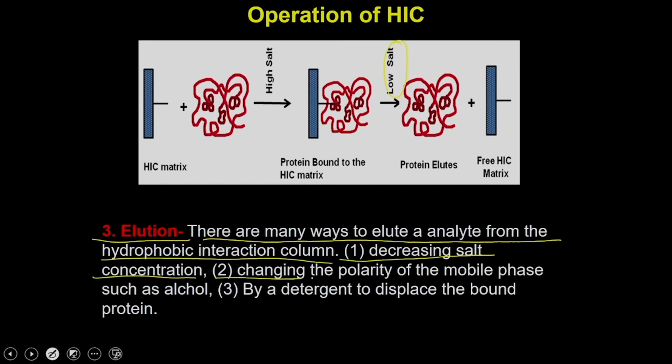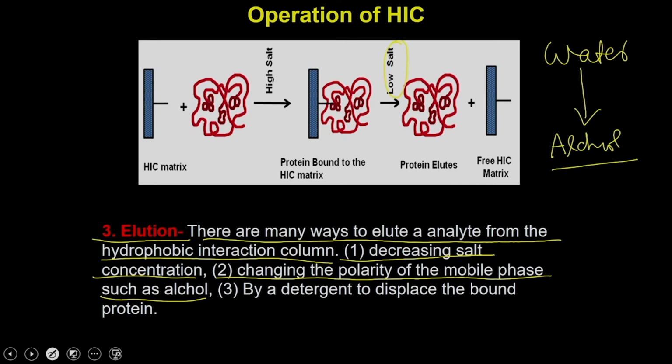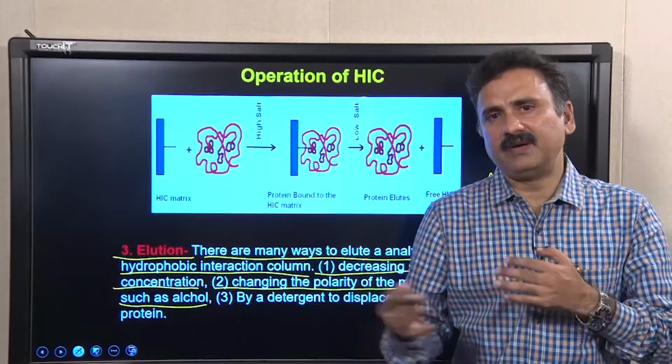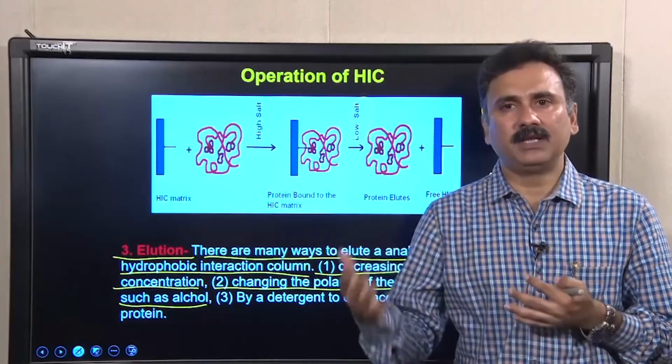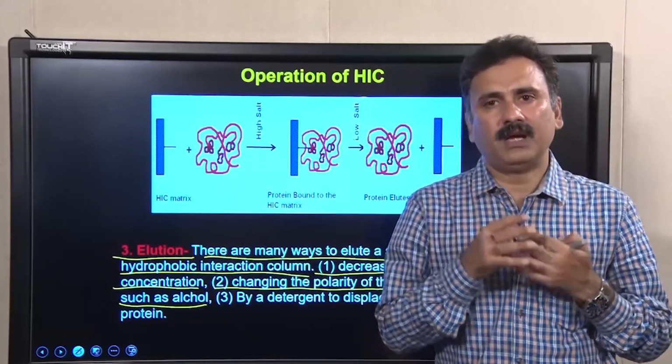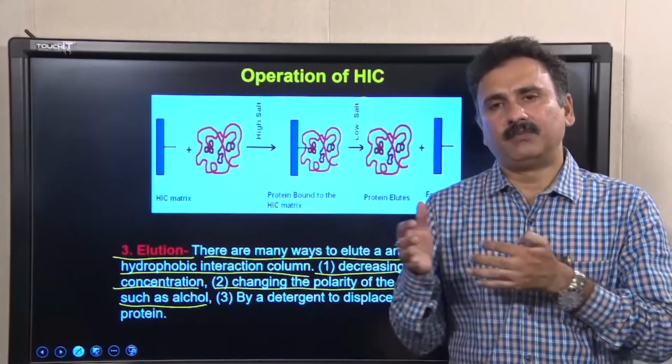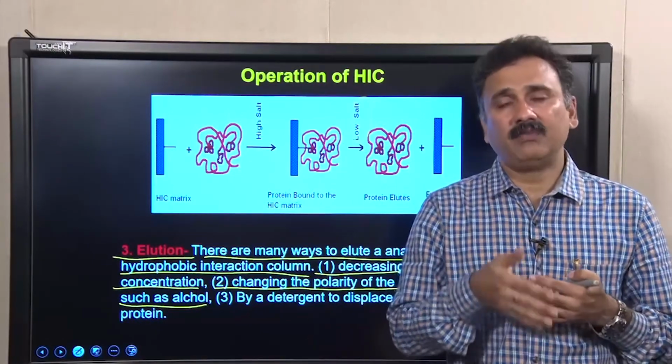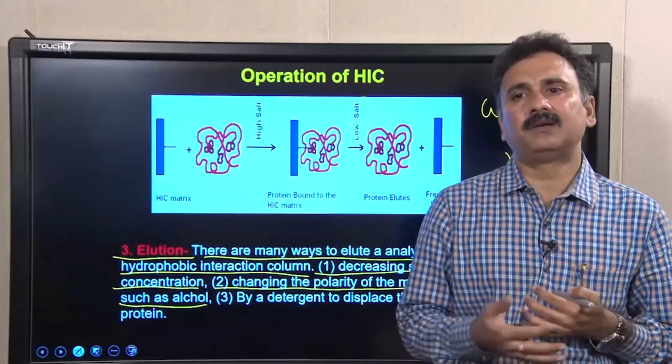The second is changing the polarity of the mobile phase, such as by bringing in alcohol. Normally we use a buffer prepared in water, but if you want, you can also use alcohol for elution. In fact, sometimes people use different types of solvents such as acetone, because, as I said, if you do not choose the appropriate matrix, the protein may bind to the matrix and may not be able to elute even by bringing the salt concentration to 0.